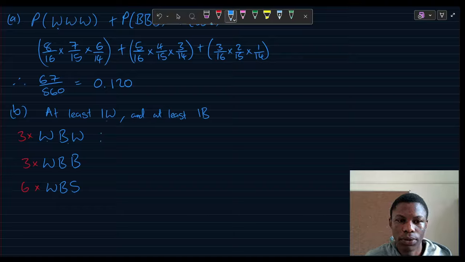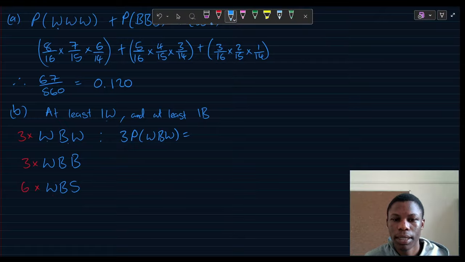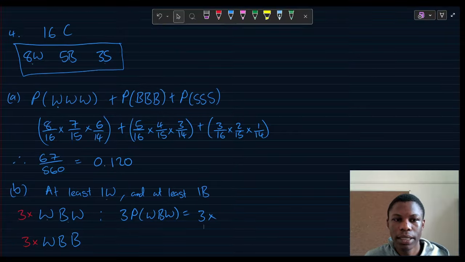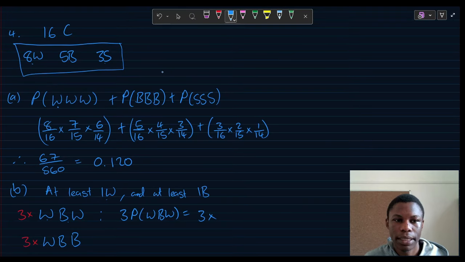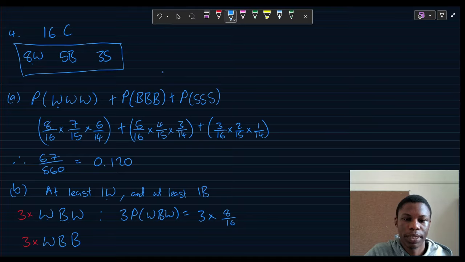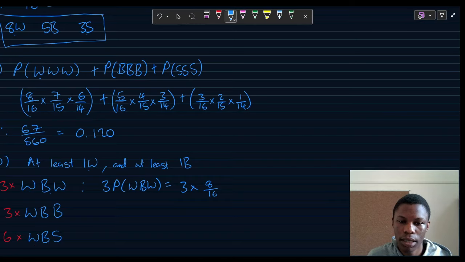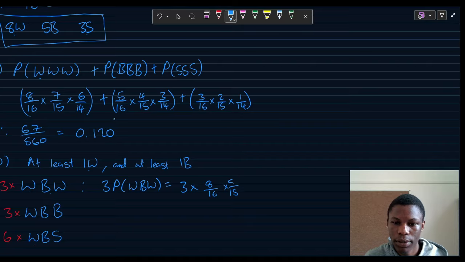So for the probability, 3 times the probability of WBW. We want to pick a white on our first pick, so that's going to be 8 out of 16. Once we've picked one car, we have 15 remaining. And out of those 15, I want to pick a black car, so 5.